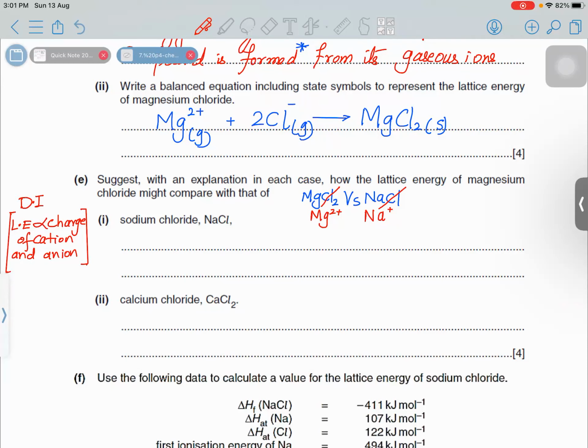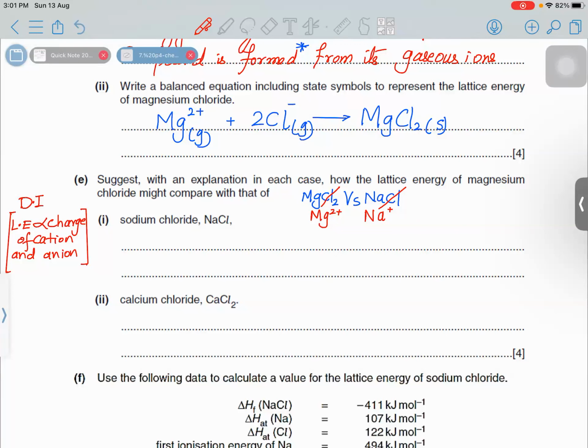Magnesium has more charge. So lattice energy of magnesium chloride is greater than lattice energy of NaCl. Why? Because magnesium has more plus 2 charge than sodium plus 1. A strong electrostatic force of attraction between magnesium and chlorine than sodium and chlorine minus 1.